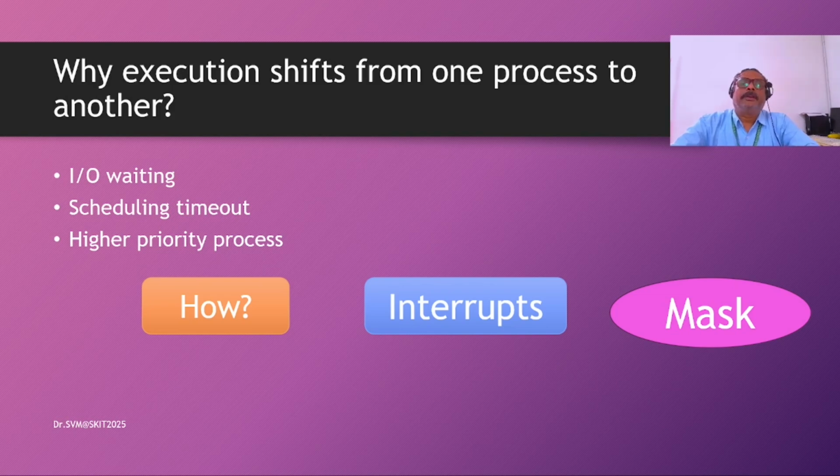This way we can ensure undisturbed critical section execution. This is possible when we have a single processor, multiple processes, and shared resources. That can be controlled through masking the interrupts.